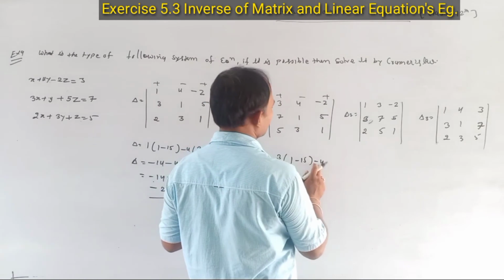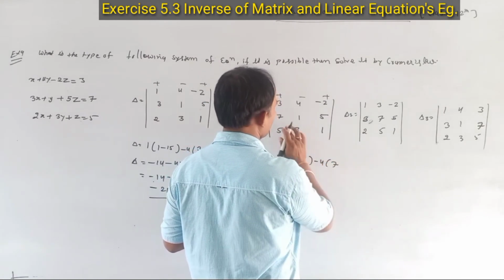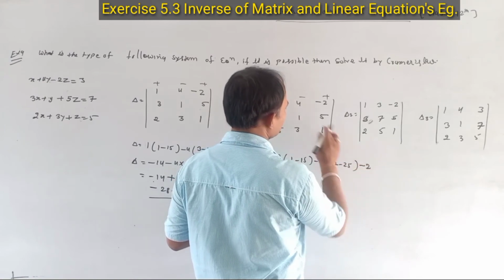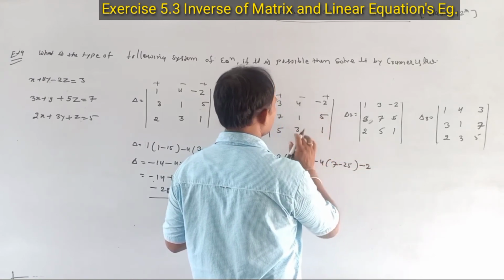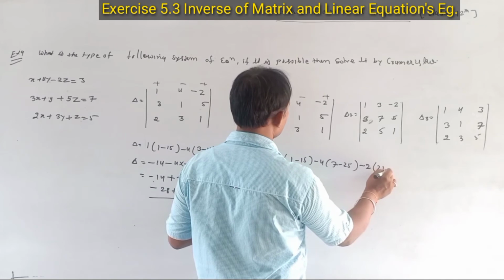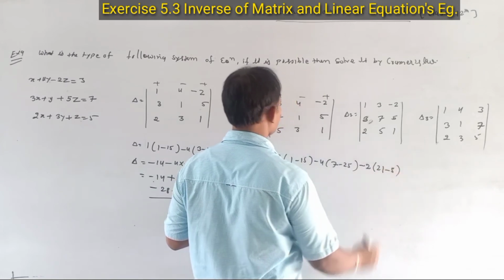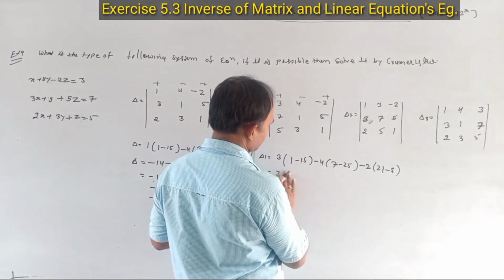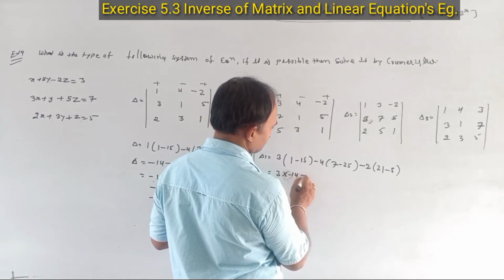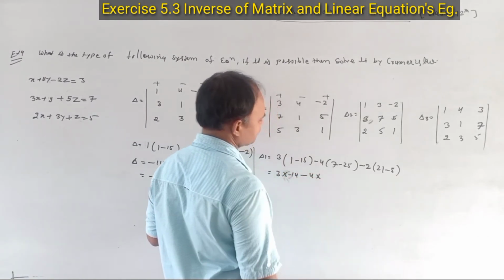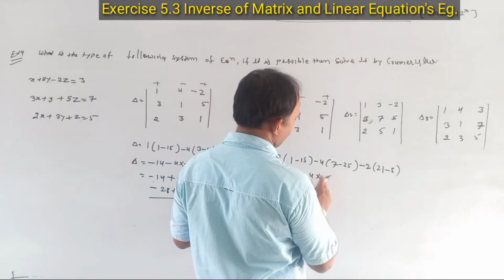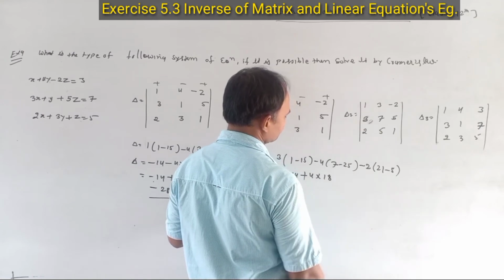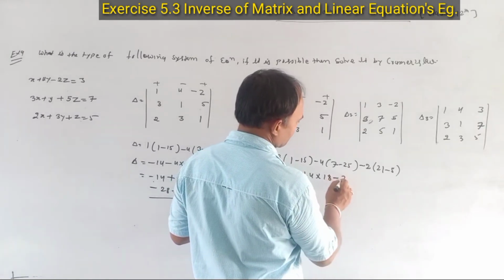So it is -4, and it is 7 minus 25, and it is -2, and 21 minus 5. So it is 3 into -14, minus 4 into 18 minus 18. So it is plus 18.